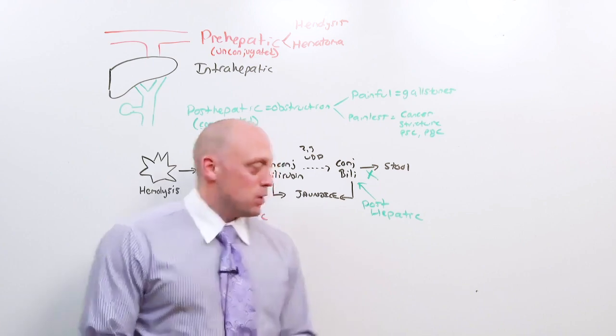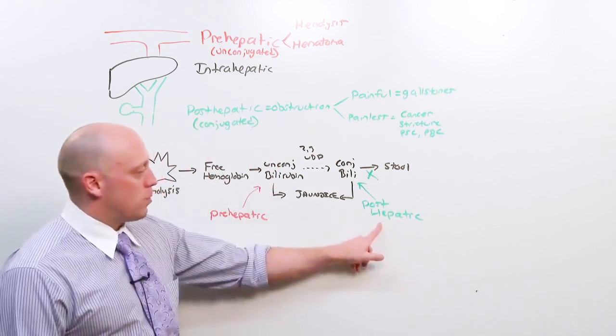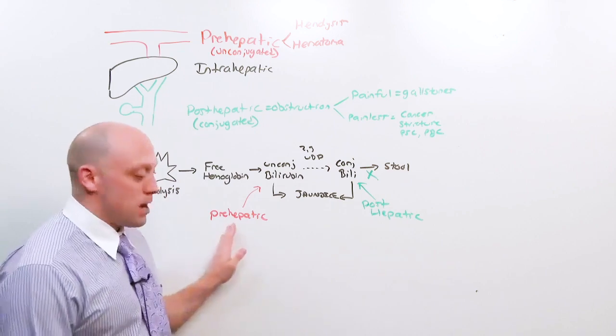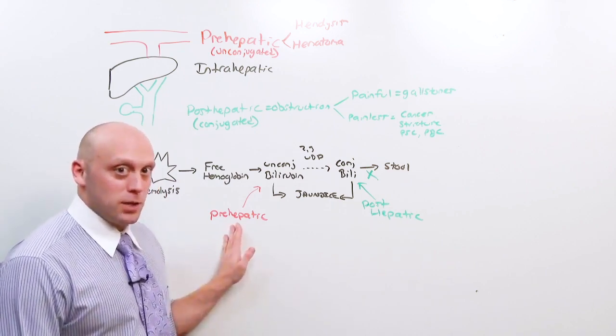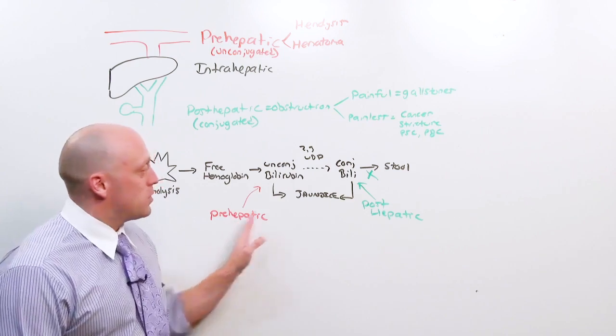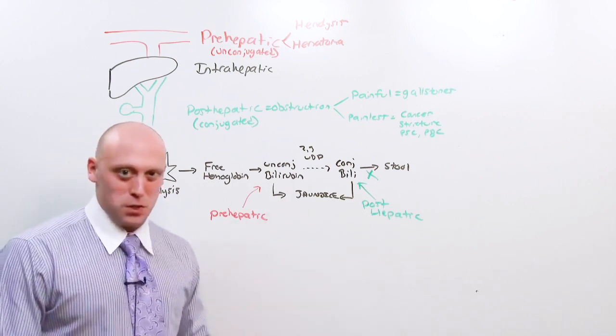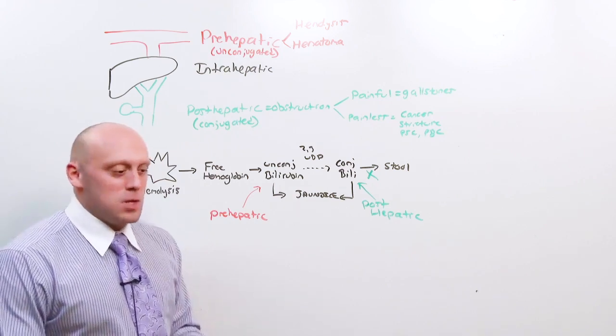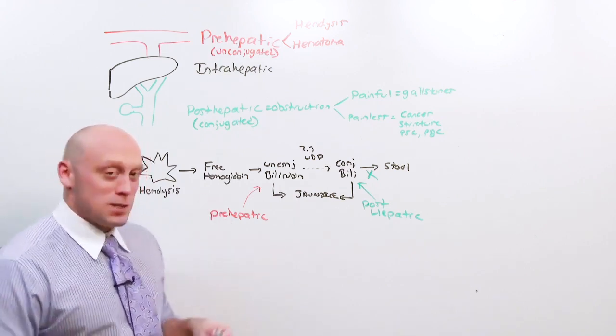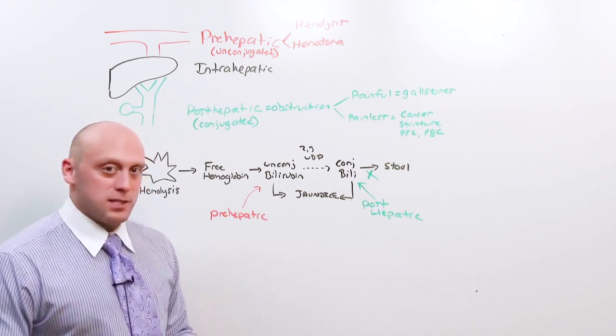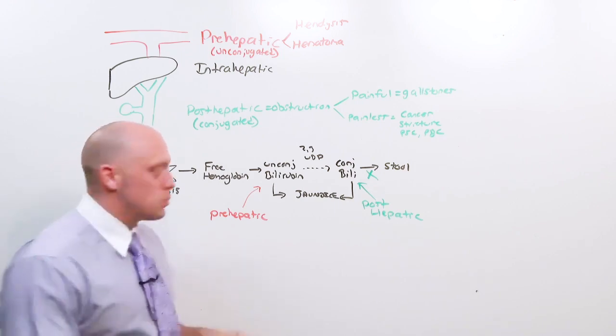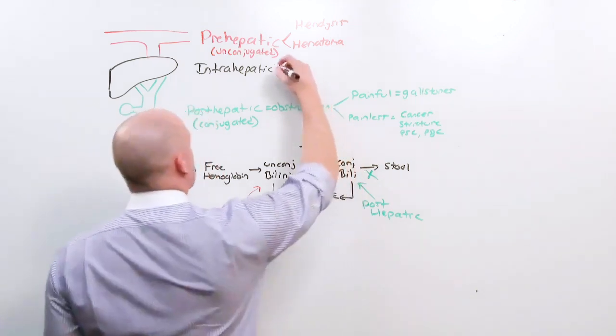To keep it simple, we saw that posthepatic is primarily direct, prehepatic is mostly indirect or unconjugated bilirubin. So it's safe to say that intrahepatic will be a mix of the two, but that's not true. So let's look deeper at some of the metabolic or genetic diseases that might come up, knowing that this is more useful in pediatrics than it is in adult medicine.